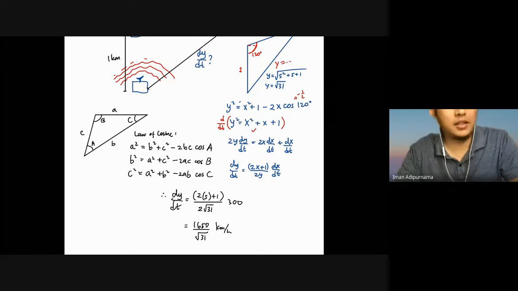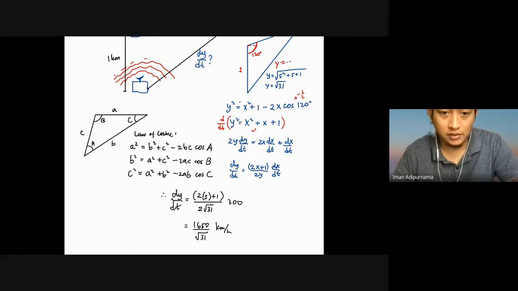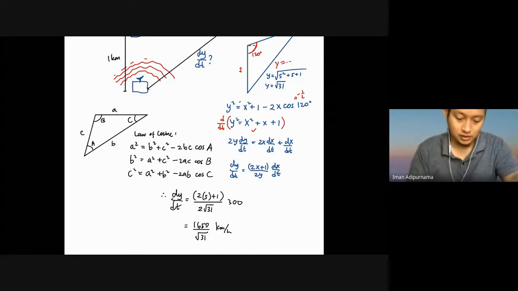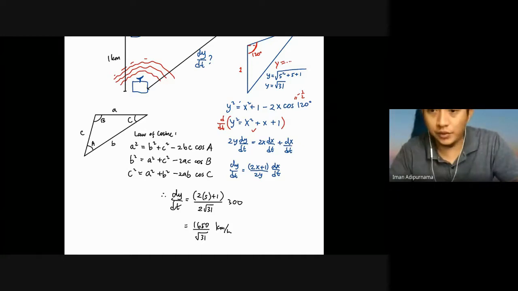Maybe you are familiar with the law of cosine. The law of cosine triangle is more of a random triangle, right? As long as you know the sides and one of the angles. But if you have a right triangle, a triangle with a 90-degree angle like that, it's much easier if you use trigonometric functions, right? Inverse trigonometric or just regular trigonometric.